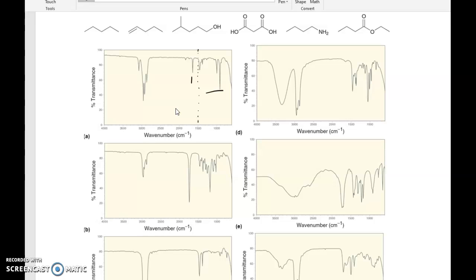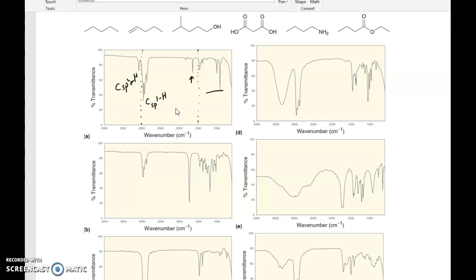We've got something here that might be interesting, and if we look here, we've got carbon sp3 hybridized hydrogens there and sp2 hybridized. So I think we probably have a double bond.